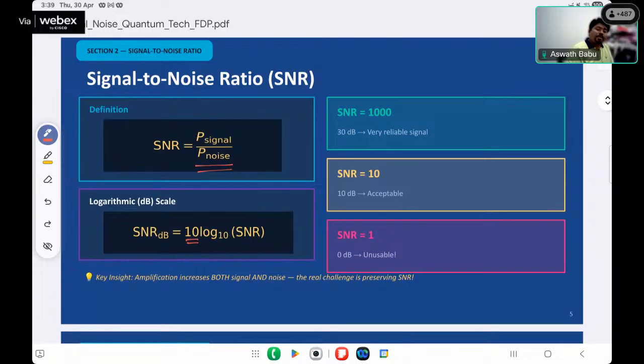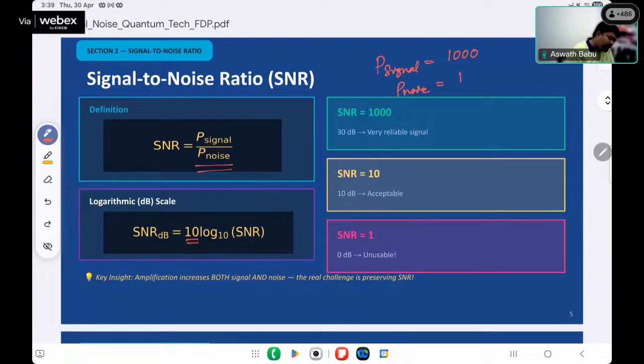Let me take a simple example. Let's say P signal is something like 1000, power, with units in joules or something. Let's say P noise is 1.